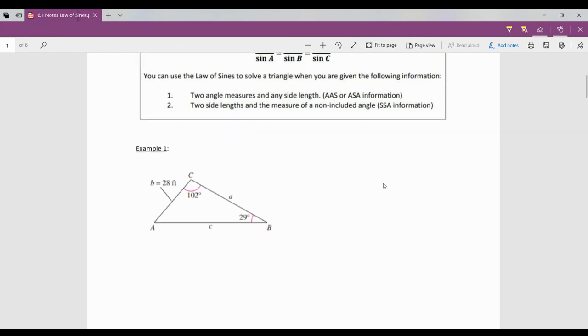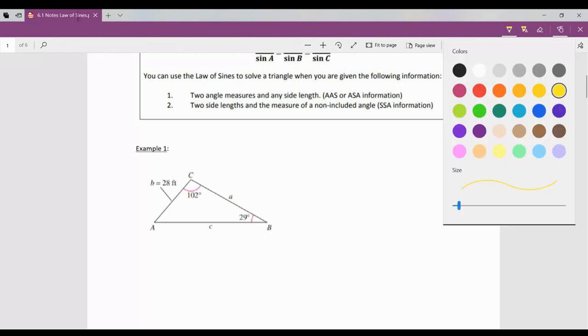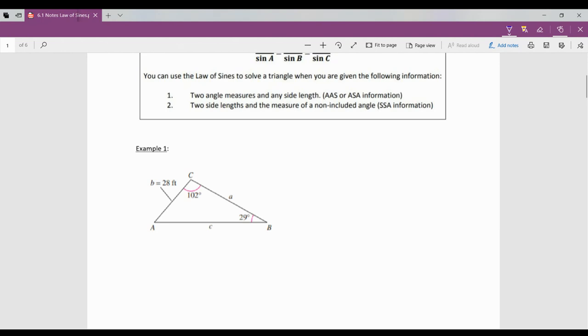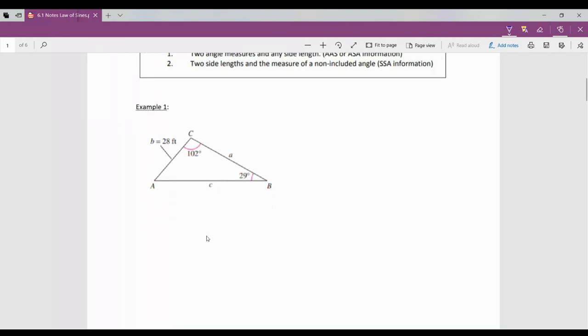All right, so we can use this to solve triangles whenever we're given a matching set. So for example 1, we're going to solve for all of the missing sides and angles.